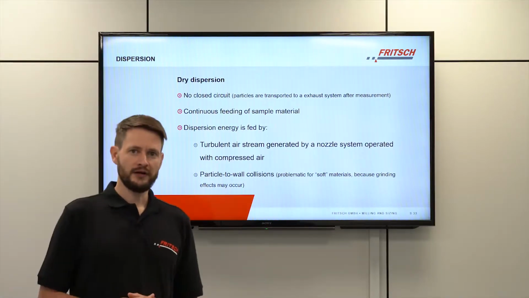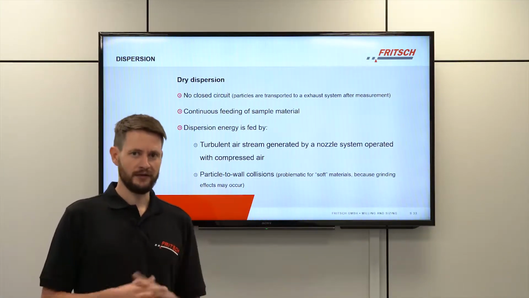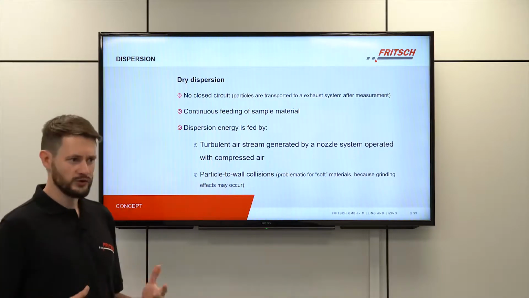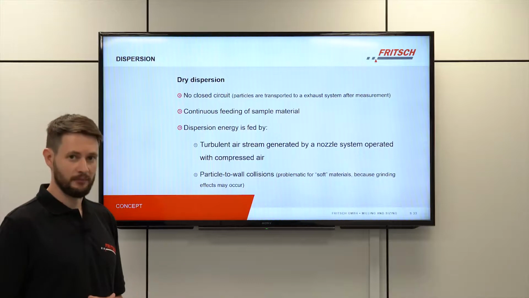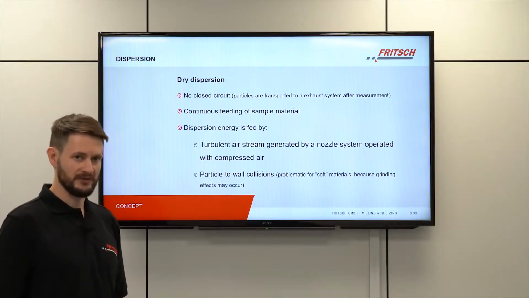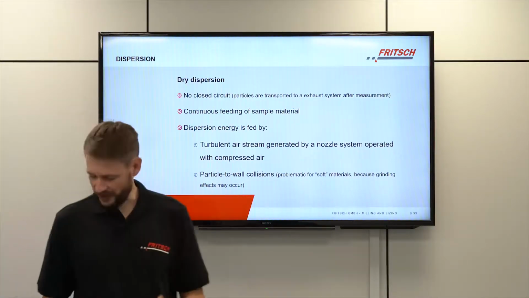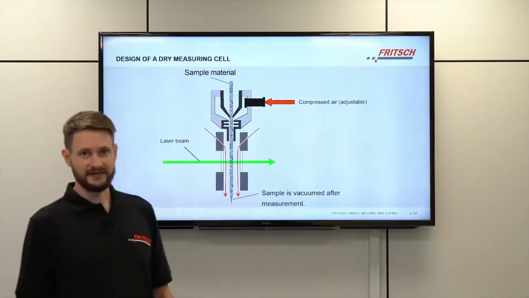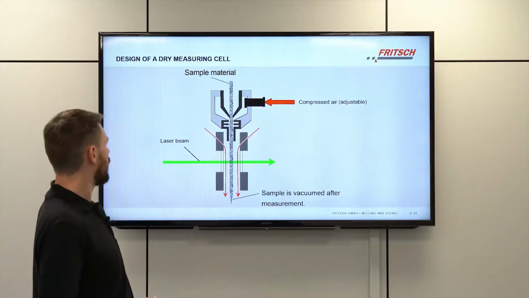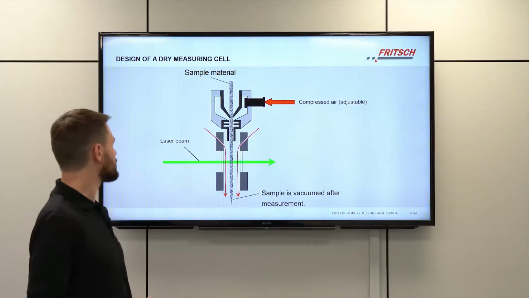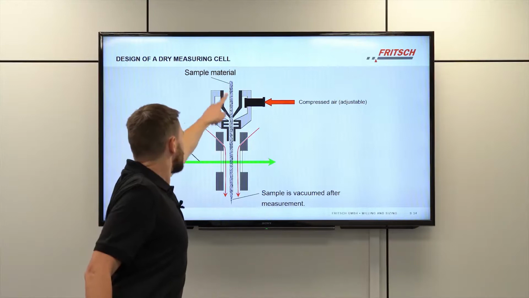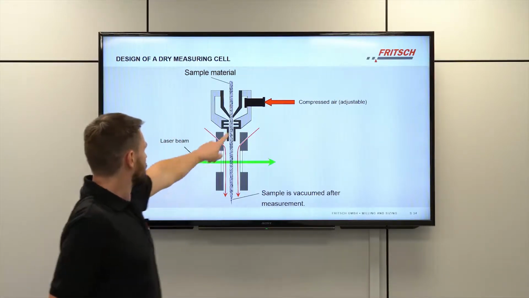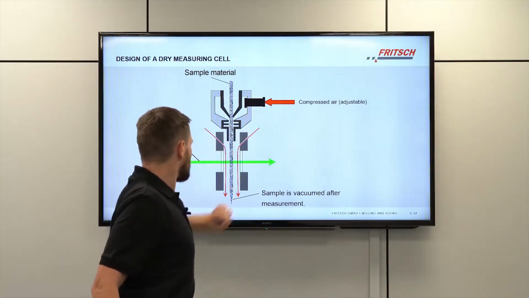And of course you also have to find the right dose here in order to not break your particles if you, for example, have a very brittle sample material. If we have a look at the schematic setup of a dry measuring cell, you see that the sample material flows in from the top, then the compressed air comes in from the side.